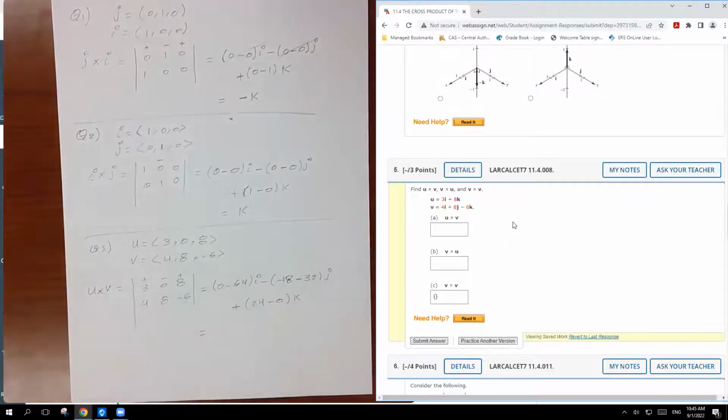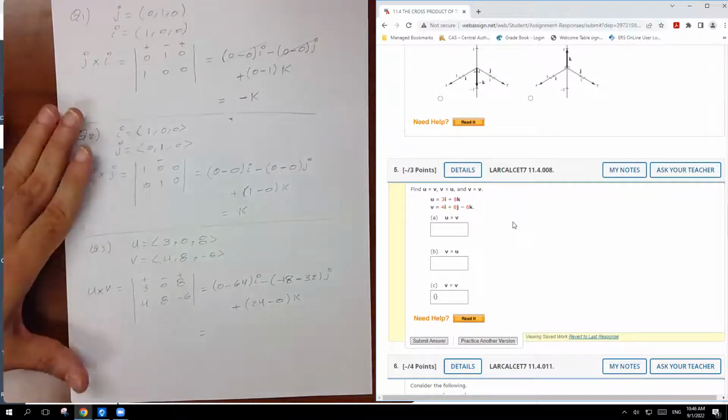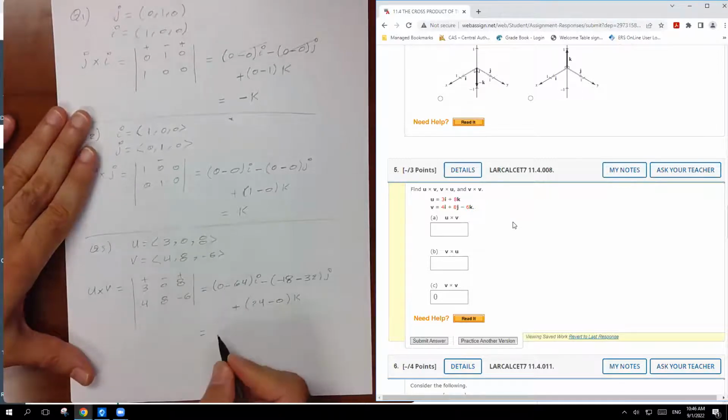Do you have a problem with these? You want to do the steps again? So now, 0 minus 64 is going to be negative 64i.